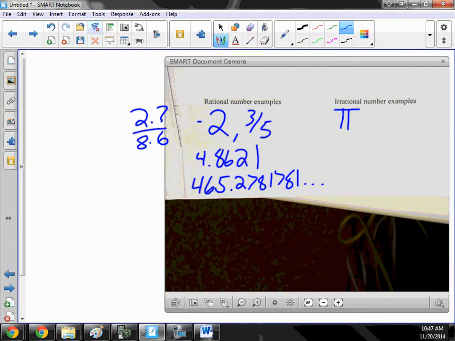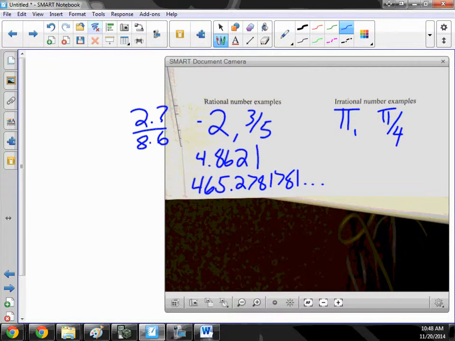If the top is rational and the bottom is rational, then the fraction is rational. The only time a fraction stops being rational is if you do like irrational over 4. That would be irrational.